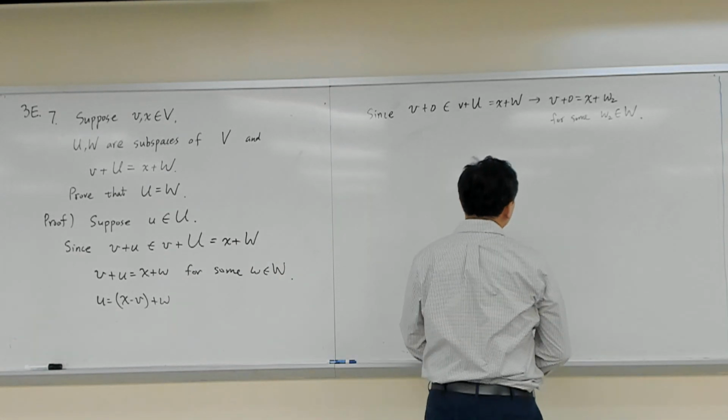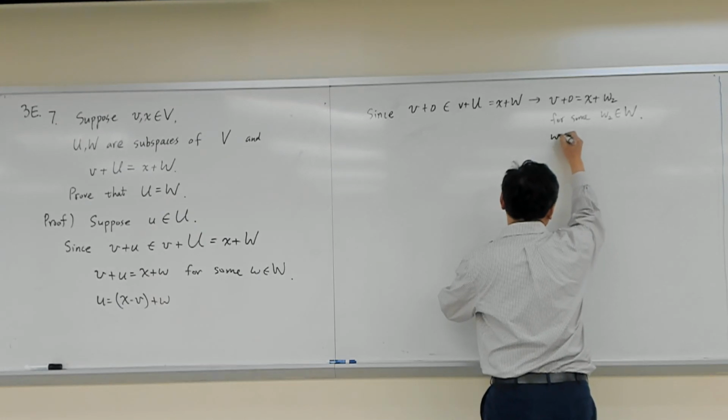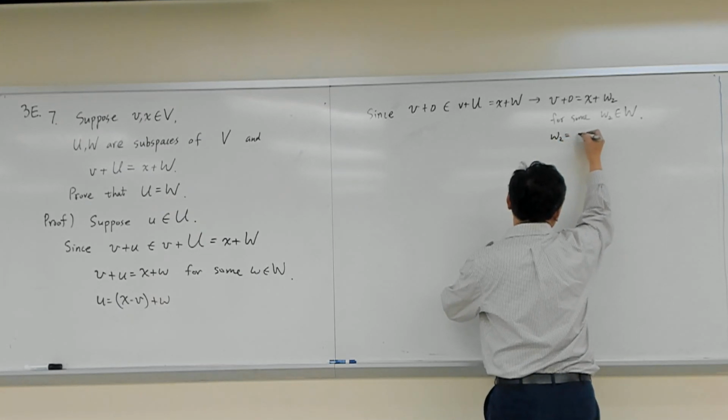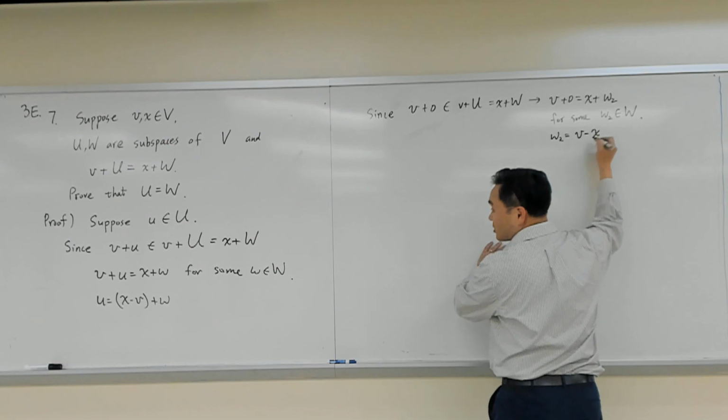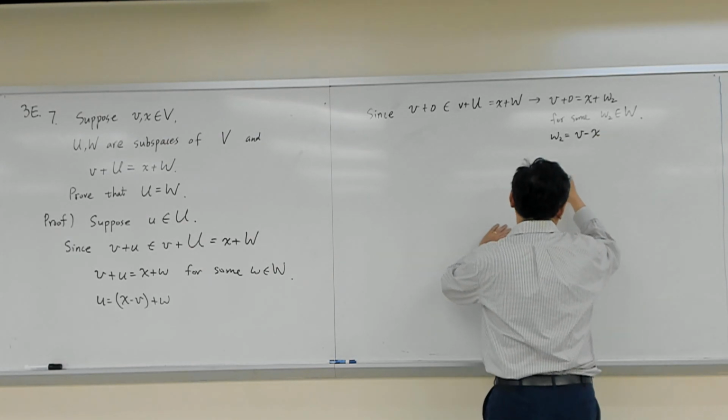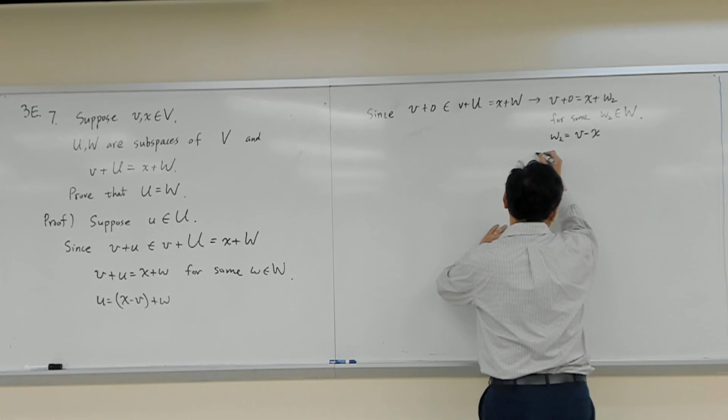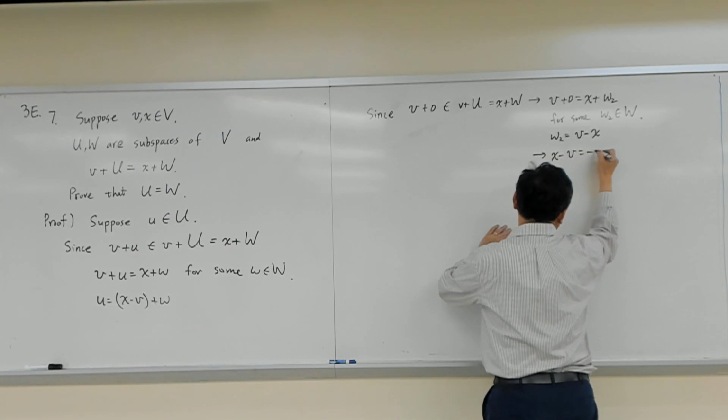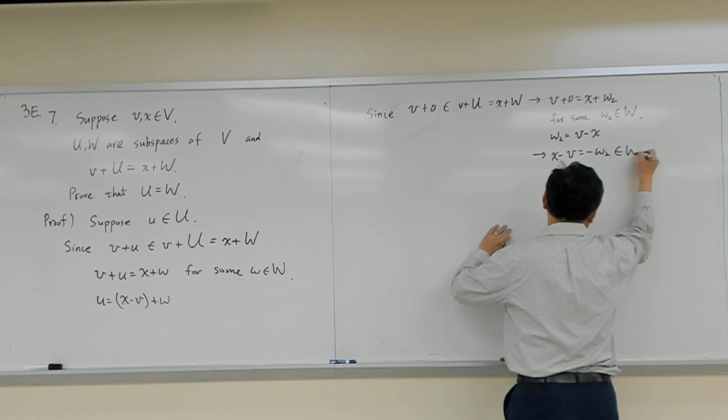But now we are almost done. Now that w2 is v minus x, that means x minus v is negative w2, that's in W, right?